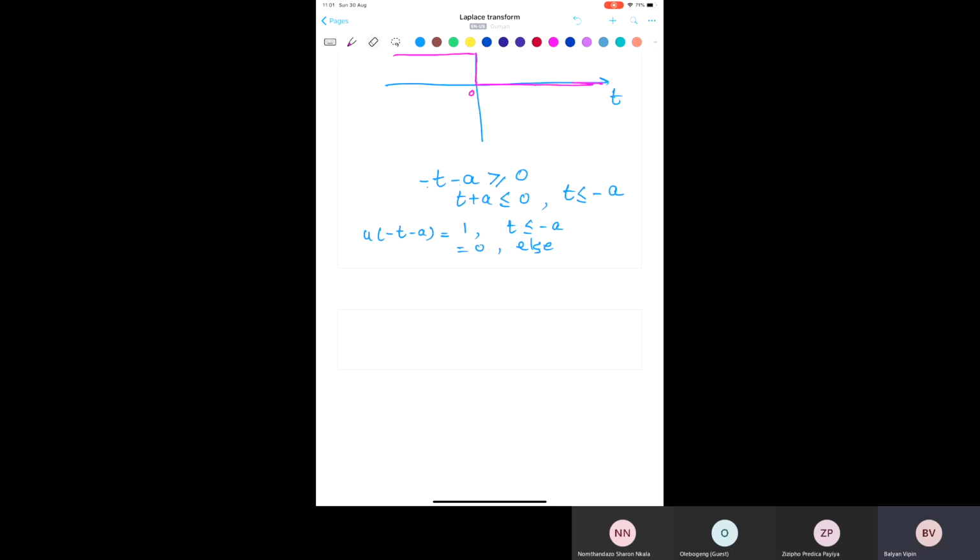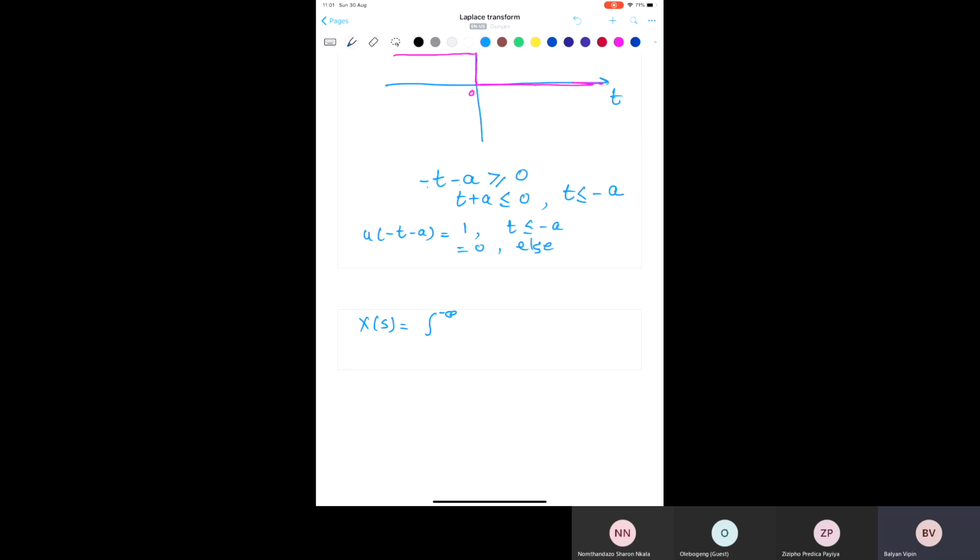X(s) will be equal to the integral from 0 to minus infinity, because the lower limit is 0, not -1.